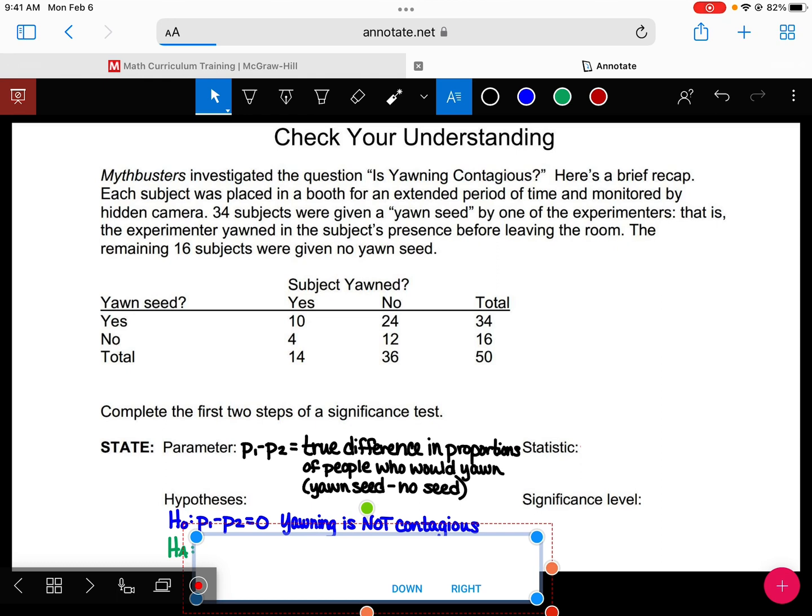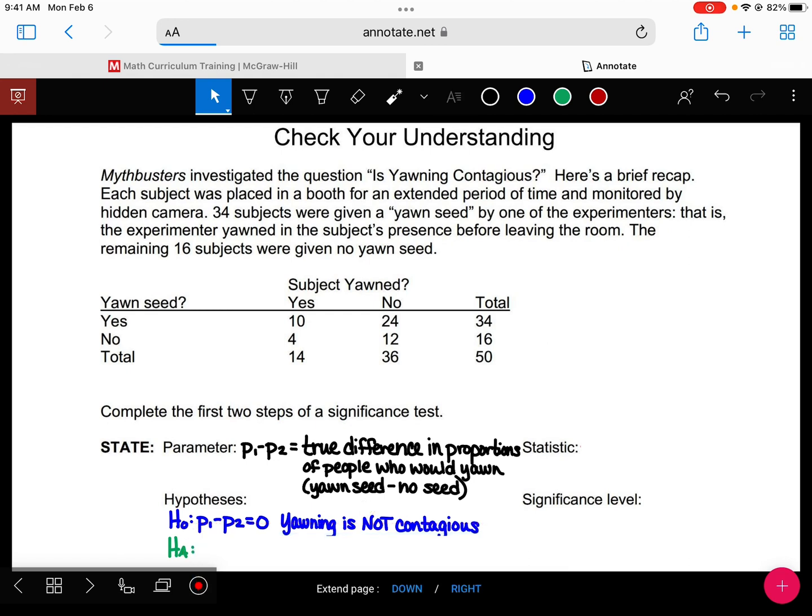Is it greater than 0, less than 0, or just not equal to 0? Based on what Adam and Jamie observed, greater than. They thought that yawning was contagious based on their results. So proportion 1 minus proportion 2 should be greater than 0. Yawn seed should be bigger than no yawn seed.